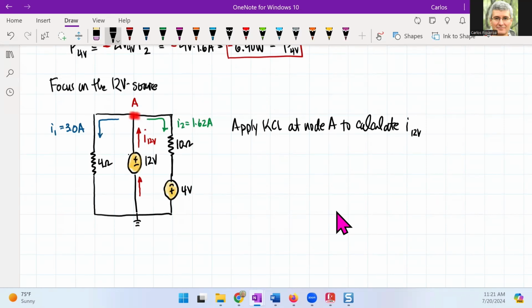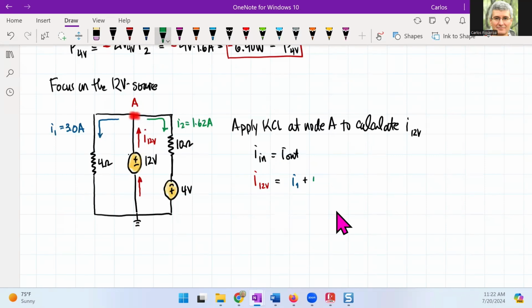So if I apply that, it tells us that the current in has to be equal to the current out. So if I look at node A, the only current coming in is then going to be the current of the 12 volt source. Then I'm seeing here that we have two currents that are going out. One is then going to be I1.